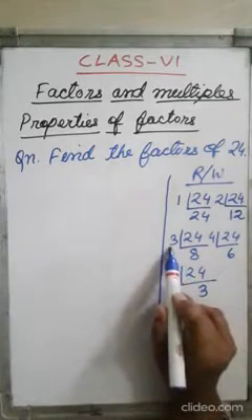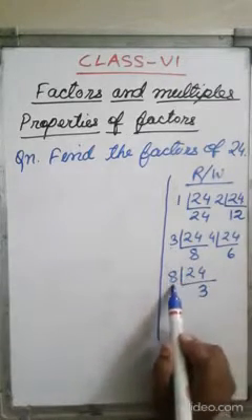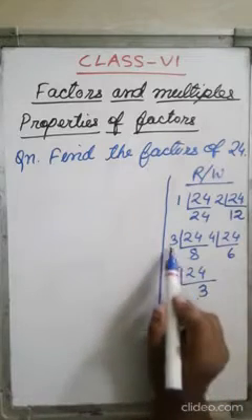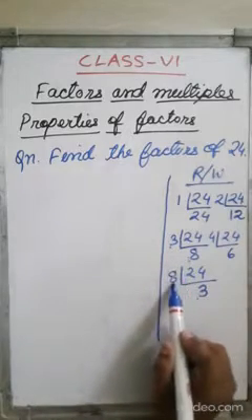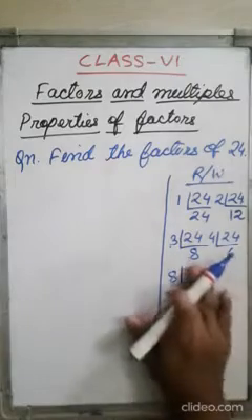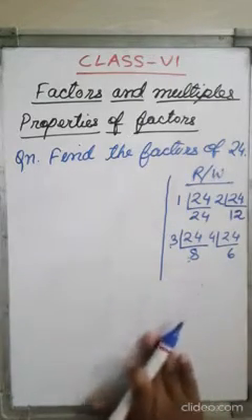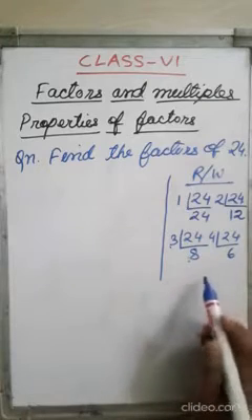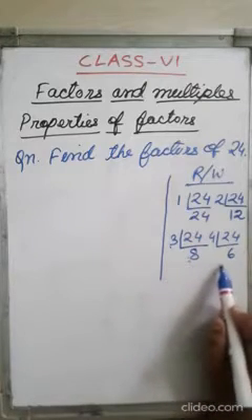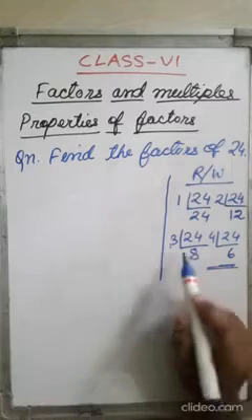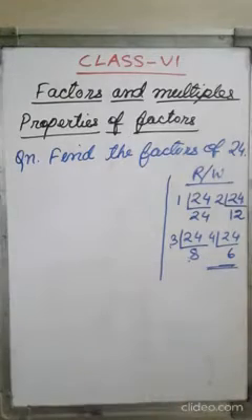But here you can see 3 and 8, 8 and 3. These numbers started repeating. So from here, we shall stop doing the division. When we start getting the repeating factors, then we shall stop the division.